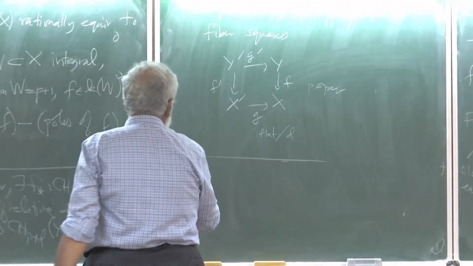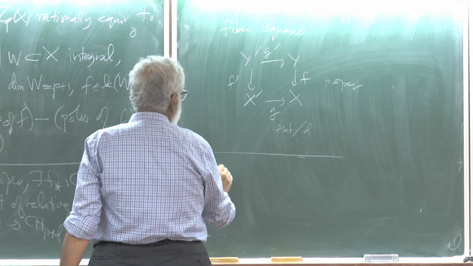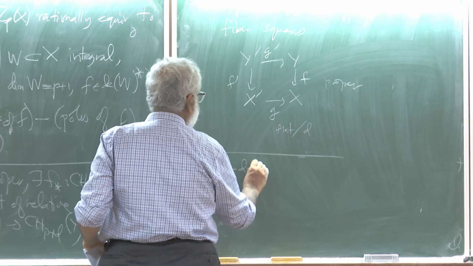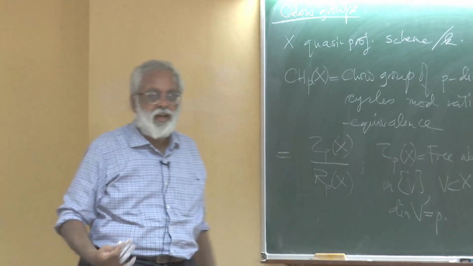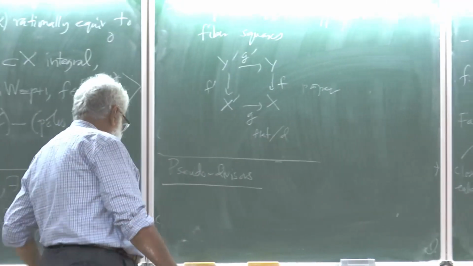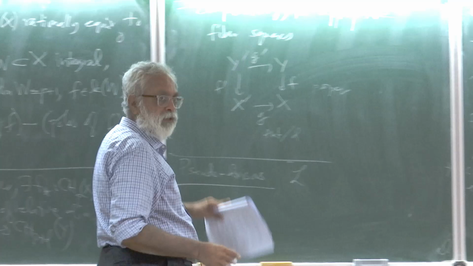Okay. Another thing is, to set up intersection theory, you start with intersection with divisors, or rather something called pseudo divisors. This is something in between a divisor and a linear equivalence class of divisors. I believe these things have been covered, but I'm going to run through some of it again.